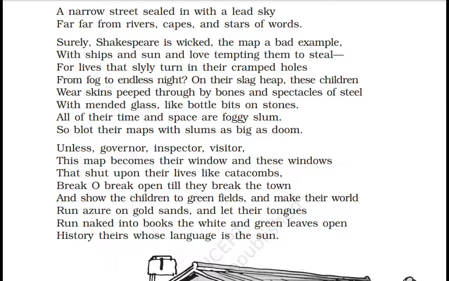So these children will not be able to see the nature. They will not be free to live among the nature. They will not be able to get the knowledge, the light of the knowledge. These children do not have all these privileges. They are living in such miserable condition.